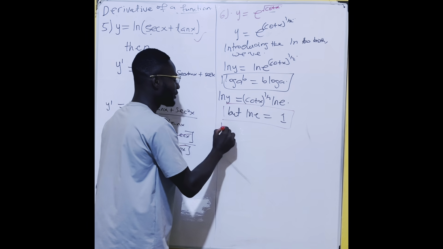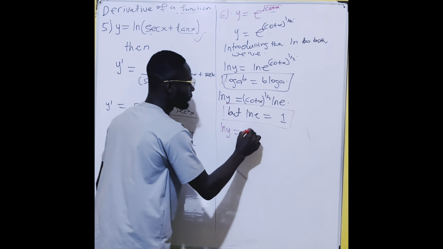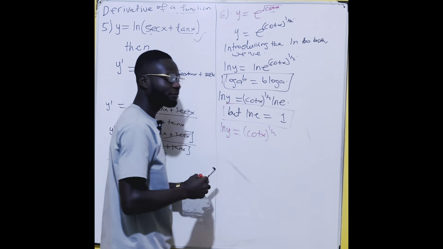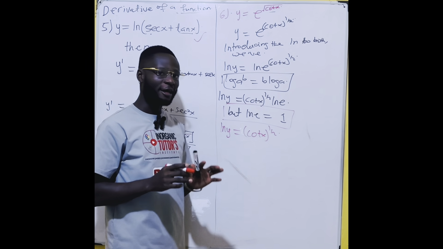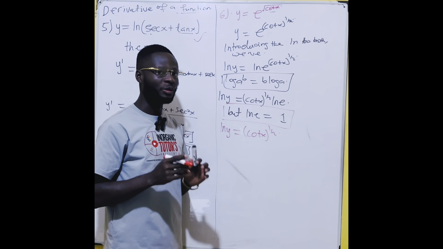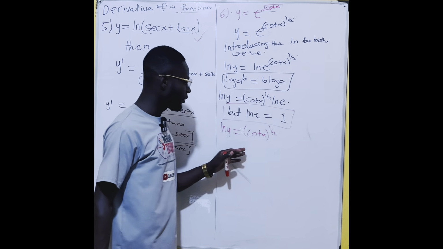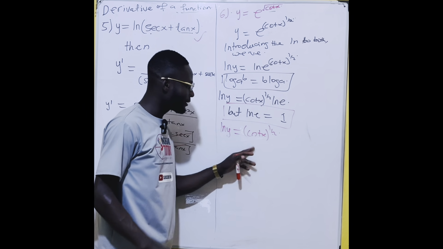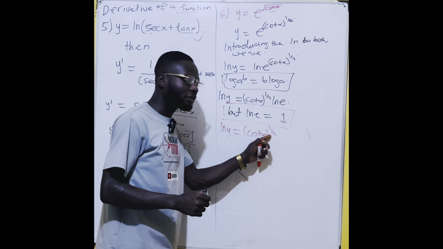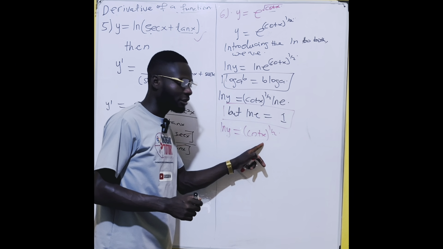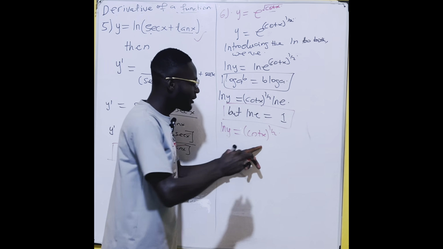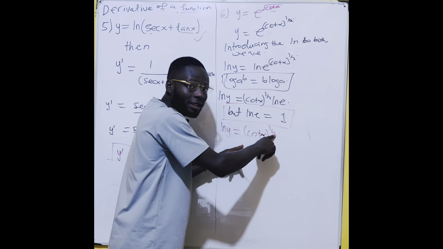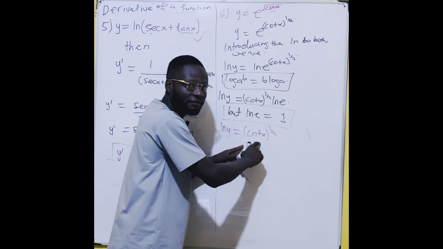So now our function becomes ln y equals cot x exponent half. Now the work has become so easy for us to differentiate. Here we are going to apply the power rule. The power rule says that if you have a function of this nature and you want to differentiate, then you drop the exponent, subtract 1 from the exponent, then differentiate the function.